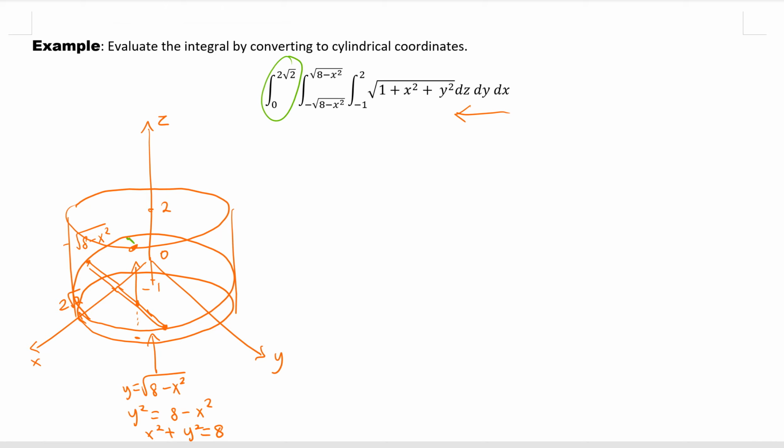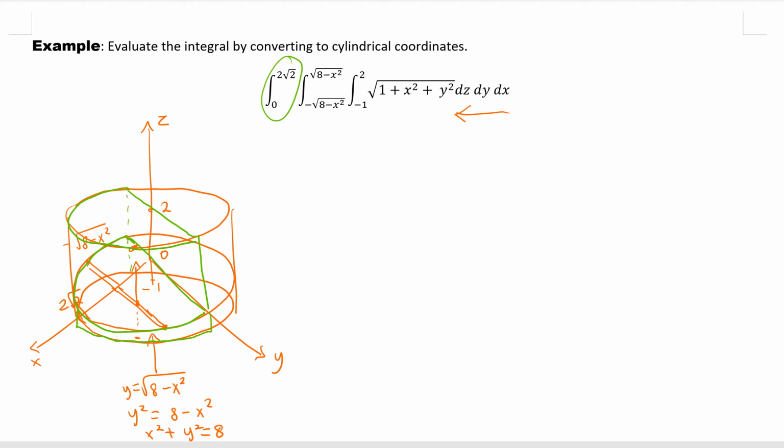So this is a half circle, and so we have the half cylinder. Is that okay, everybody? Okay, so we have this half cylinder.